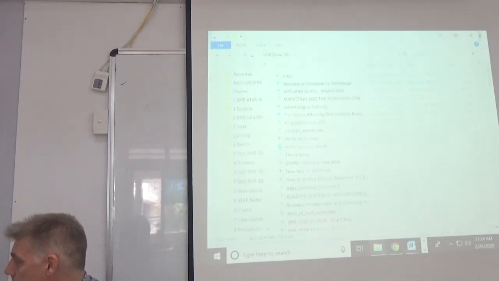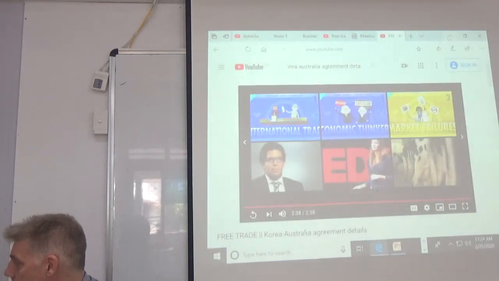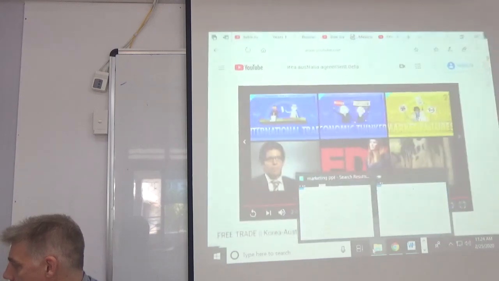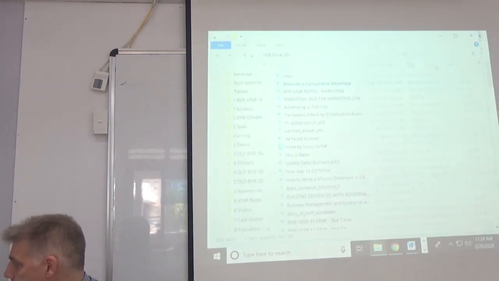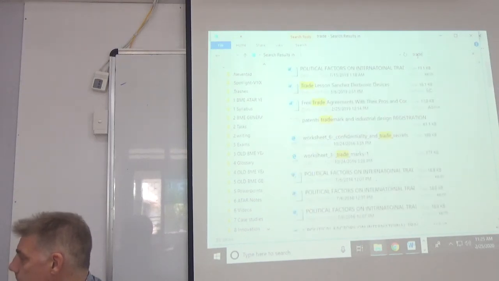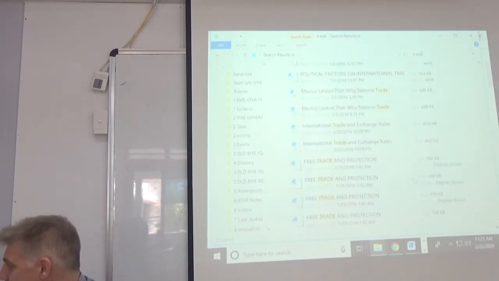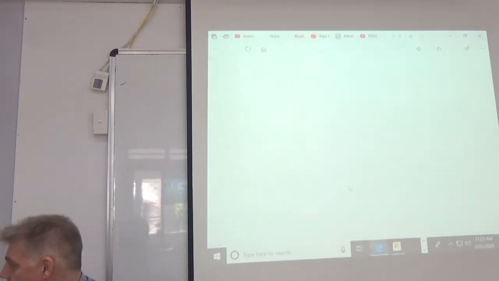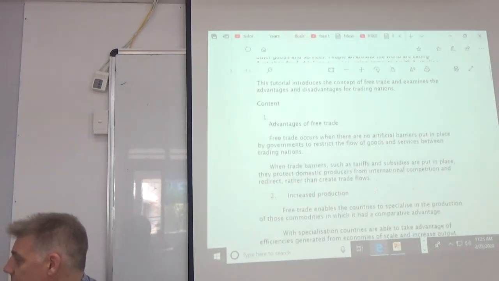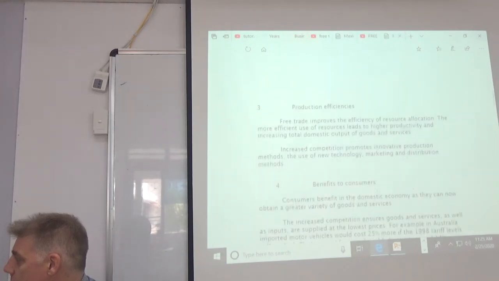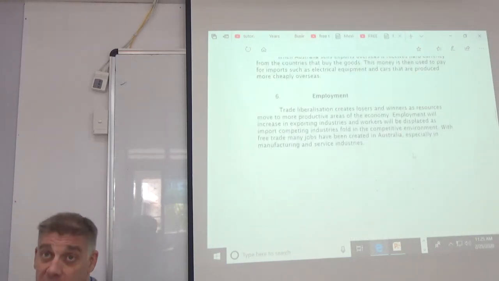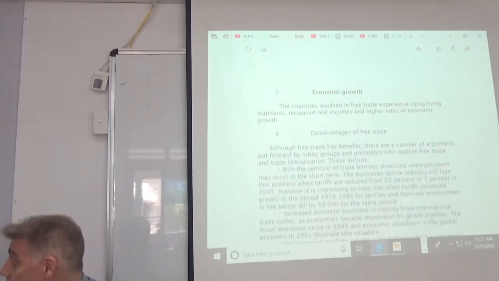And there's another one about free trade advantages and disadvantages. And this is what I want you to read before the next lesson on Thursday.